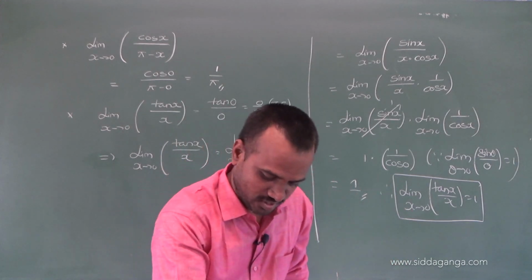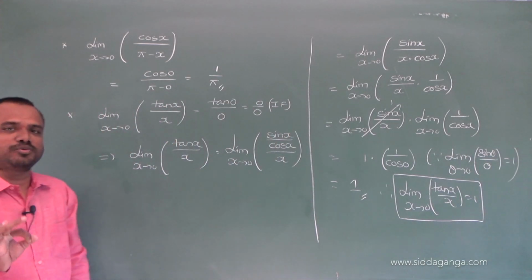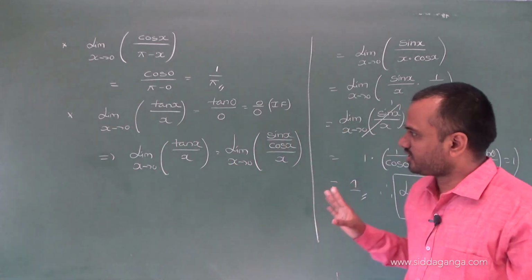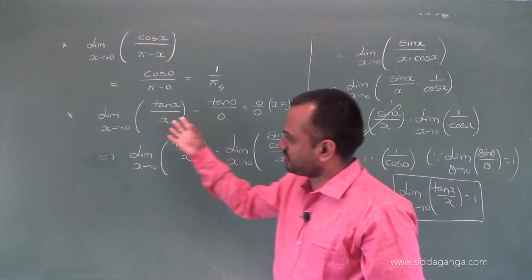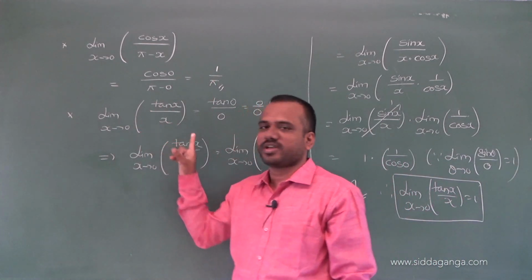Observe this one first, carefully. You have to observe the proof carefully. Very important proof, so practice it. If you want, you can call it theorem 3 also. Prove that limit x tends to 0, tan x by x is equal to 1.